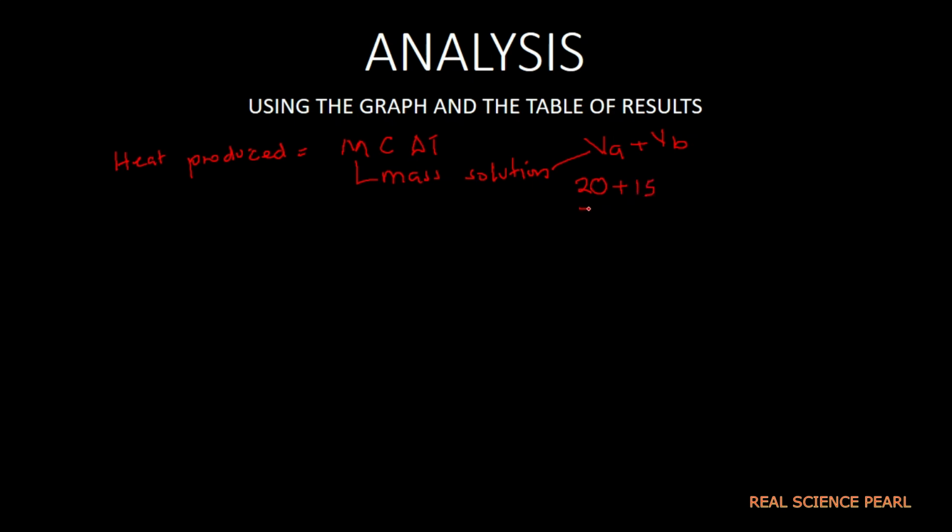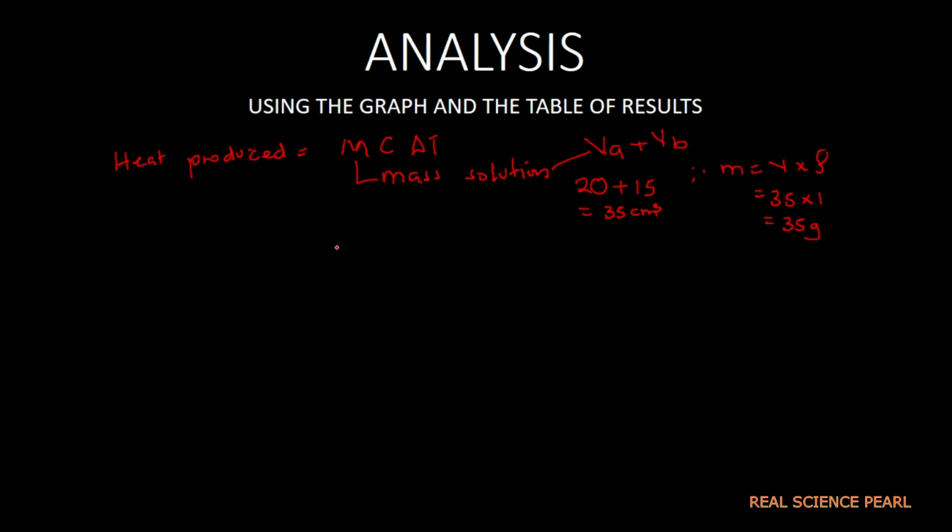And this gives us 35 cubic centimeters. But remember that mass equals volume times density, which density is 1 for water, so 35 times 1 will give me 35 grams.